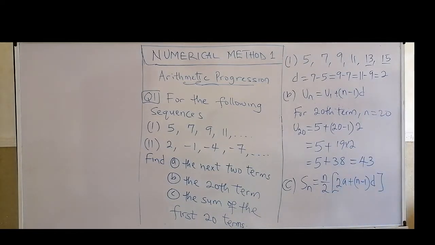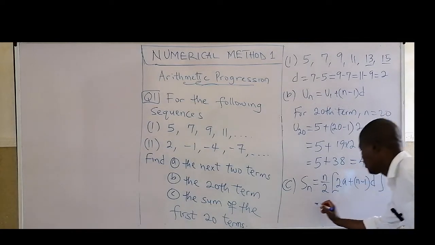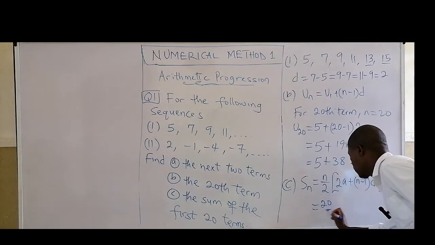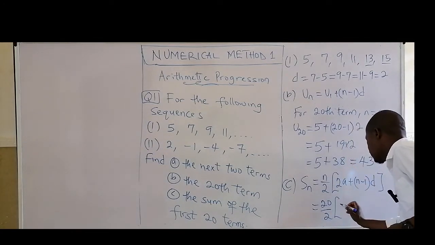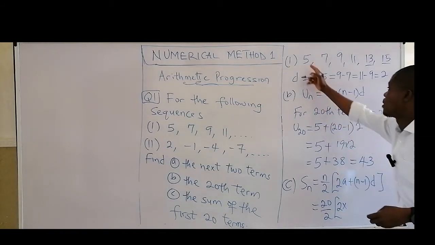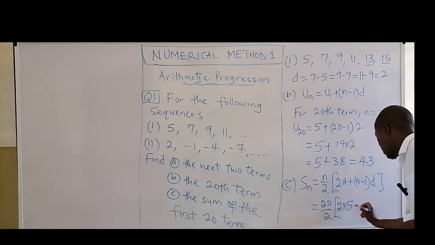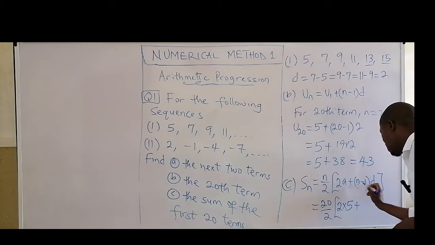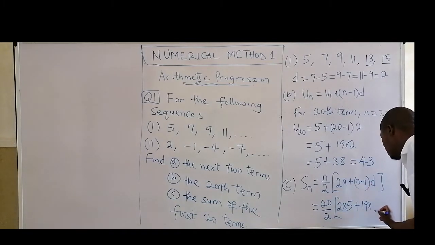That's the sum for an arithmetic progression. We know n. My n is 20 over 2 into brackets 2 times my a, which is 5, plus 20 minus 1, that's 19, times d, that's 2.